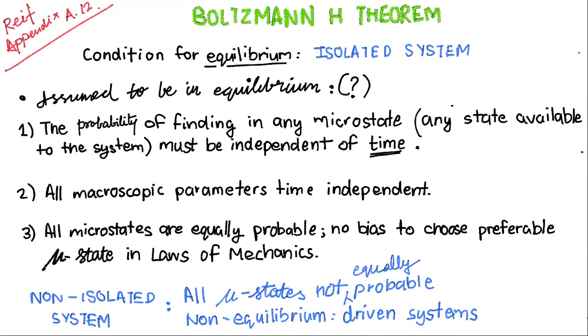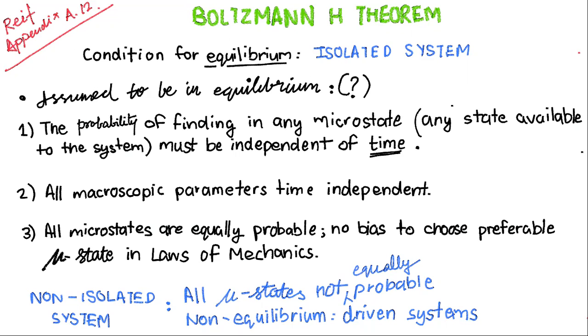But with non-isolated systems, you could also have non-equilibrium or driven systems, where you drive it to maintain a uniform current. A non-isolated system can reach equilibrium in contact with a heat bath, but if you're constantly driving it, putting energy in at one end of the system and taking out energy at the other end, then there will be a current.